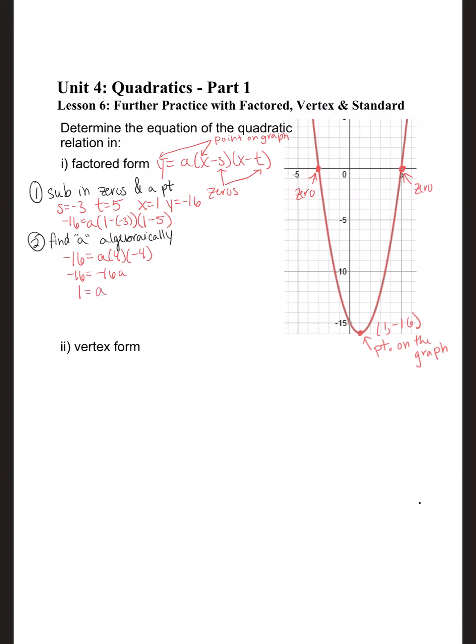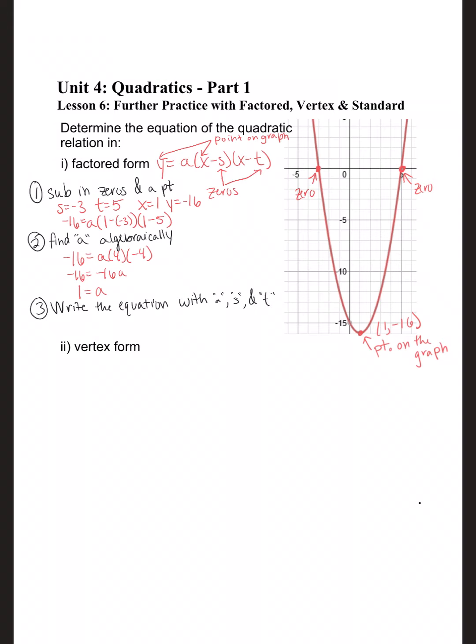Okay, so now that we have a, our last step is going to be to write our equation. So let's just make a note. We are going to now write the equation with a, s, and t.